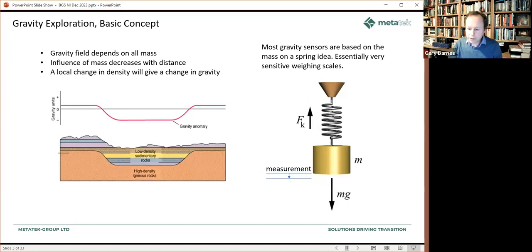But the essential idea is you have a mass on a spring, and if the gravity increases, that increases the weight of the mass, that increases the extension of the spring, and that is the basis of your measurement. You're measuring the extension change in the spring, and that gives you the recorded value of gravity.